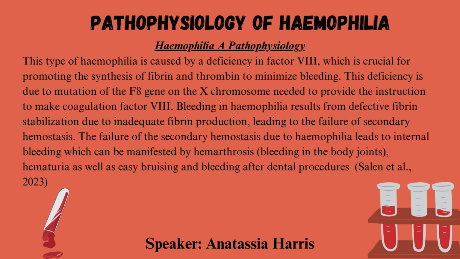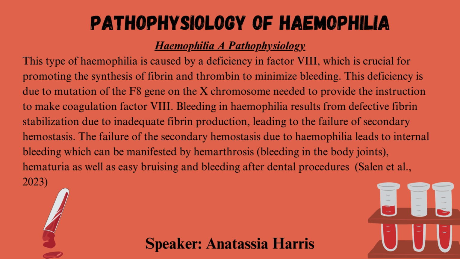In hemophilia A, the disruption of the intrinsic pathway leads to decreased fibrin and thrombin production, leading to a failure in secondary hemostasis. Secondary hemostasis is defined as the formation of fibrinogen into fibrin, which ultimately evolves the soft platelet plug into a hard, insoluble fibrin clot.